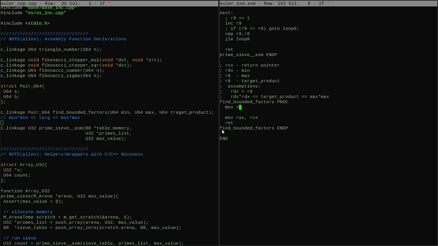Okay. I'm going to move into R10 the min value. I'm going to multiply in R10 the max value. I'm going to compare R10 to the target value. Now, if those are equal, then, let's see.